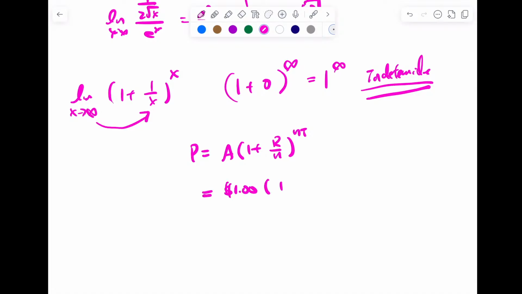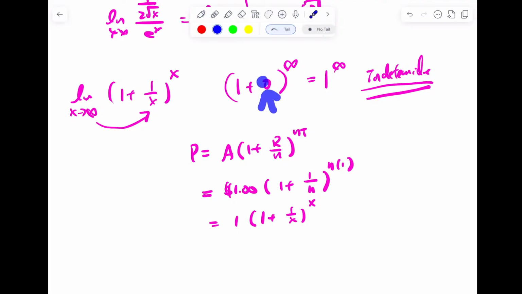$1, and 1 plus 100% interest, 1 over n. So we're gonna say the n is how many times it compounds. So eventually it's going to be $1 times 1 plus 1 over x to the x. Now, this 1 over x eventually goes to 0, and this is an infinite amount of time.